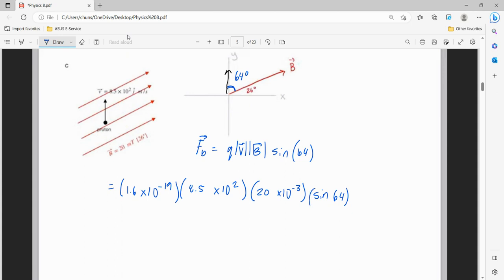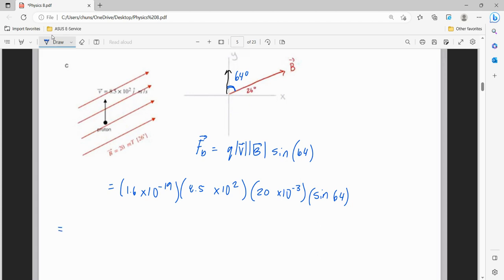And again, if we line up our fingers along the direction that the proton is traveling, and we curve towards our magnetic field, if we curve our fingers like that, our force is pointing into the page. So we're going to put this in the negative k hat direction.